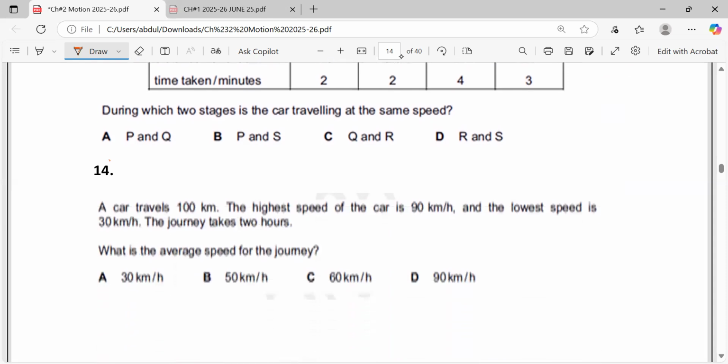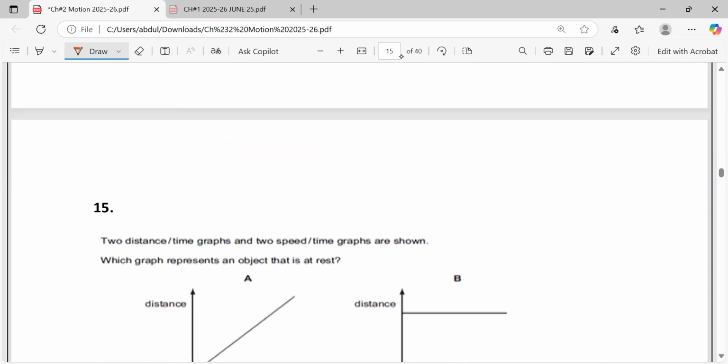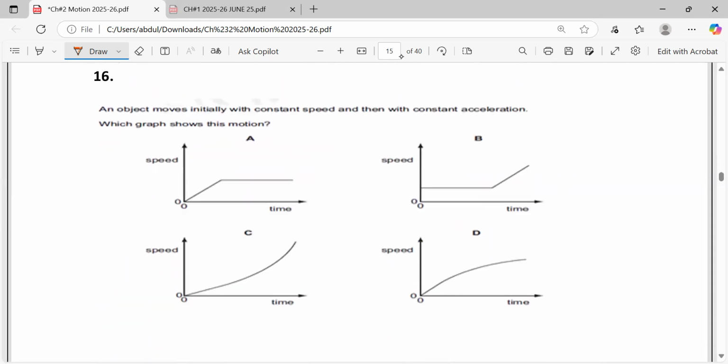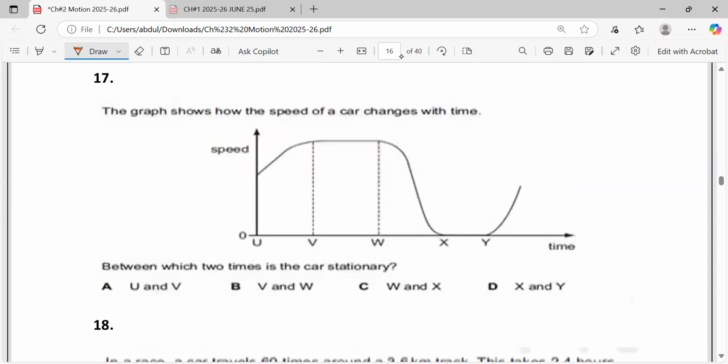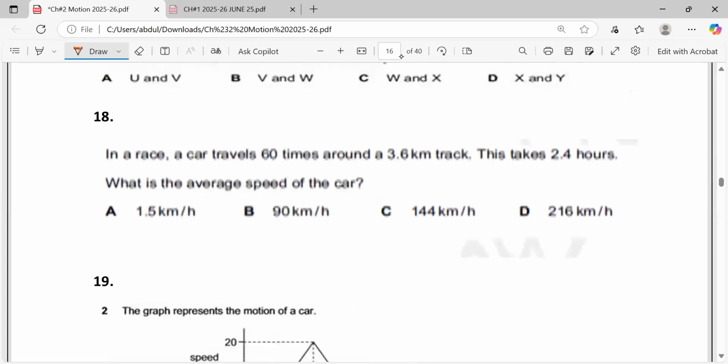Question number 14 also you have to solve as homework. 28/6. This is your homework. Question number 18, same like this we discussed now a few moments back. This is your homework.